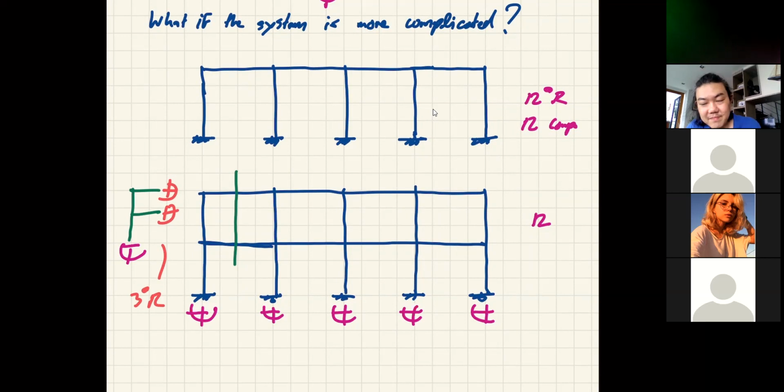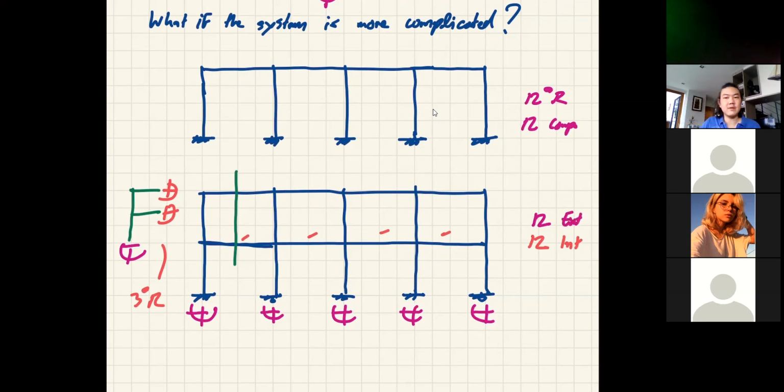Are you still with me? So it's 3 more here, 3, 3, and 3. So it's 12 more internal degrees of redundancy. You can say the pink one is the external, but the orange one is the internal.